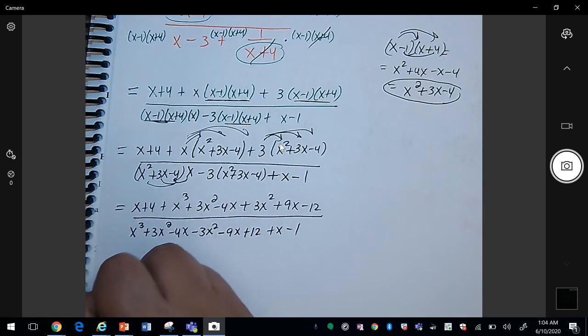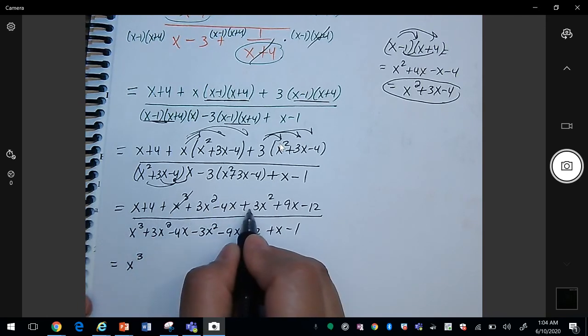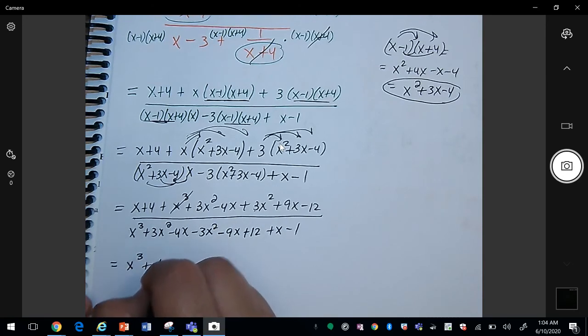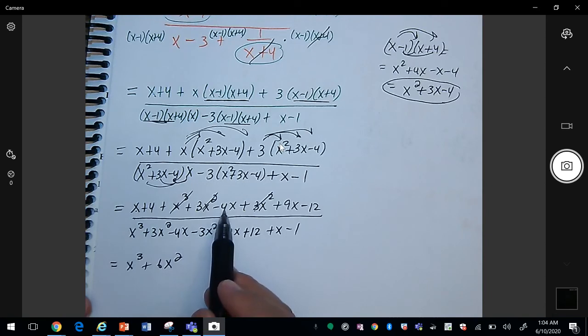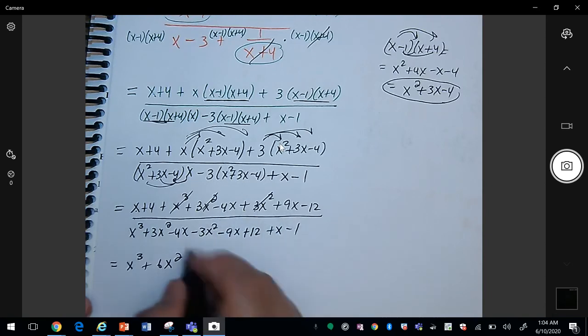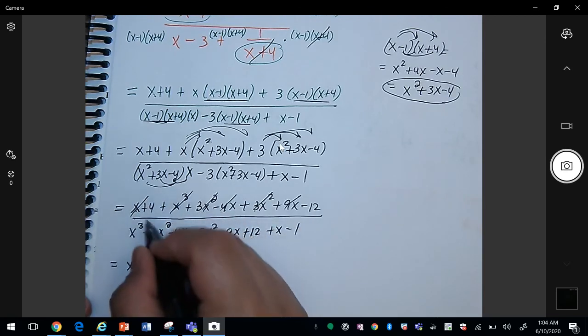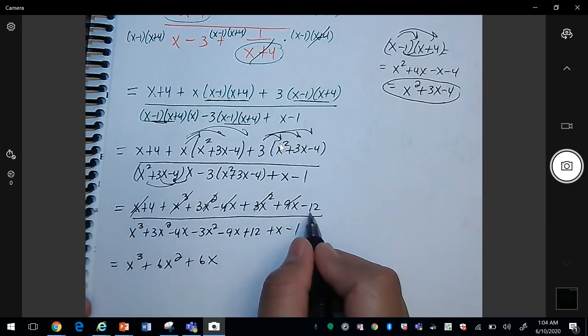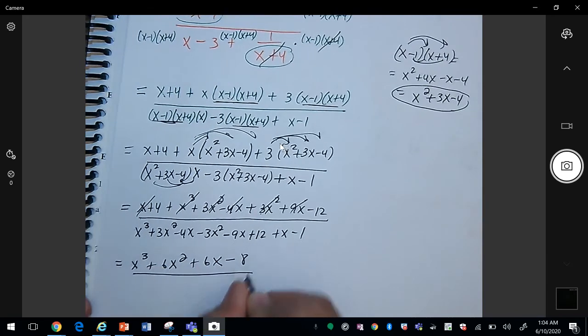So we get x cubed, 3x squared plus 3x squared is 6x squared. X minus 4x is negative 3x plus 9x is 6x. And then 4 minus 12 is 8.